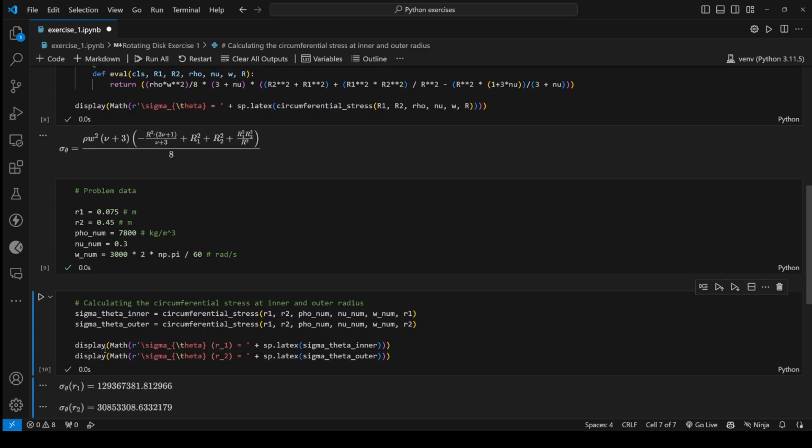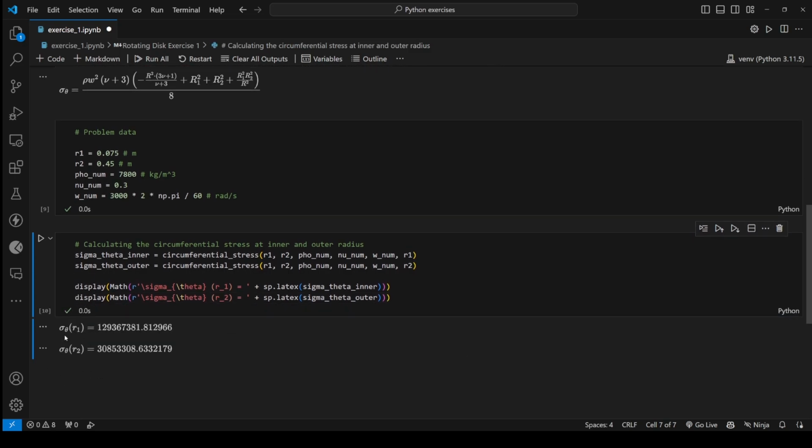So if I run this one, oh, look at this. The circumferential stress at the inner radius is this much, and let's say this is in pascals. So we have here 3, and then 3 more here, so 129 megapascals.